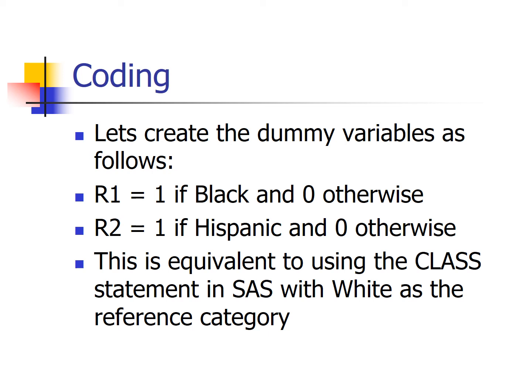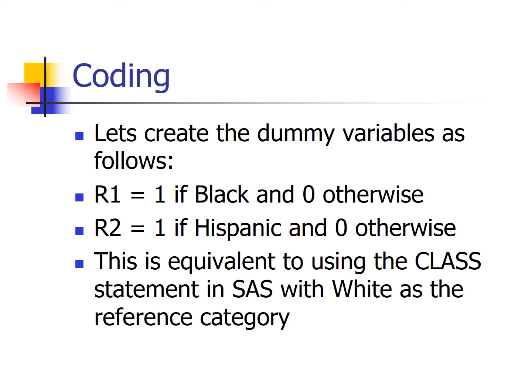That is, you cannot get around the God-given universal law that K categories needs K-1 variables to encode it. It's just that effect coding will code those K-1 variables differently than reference coding will.